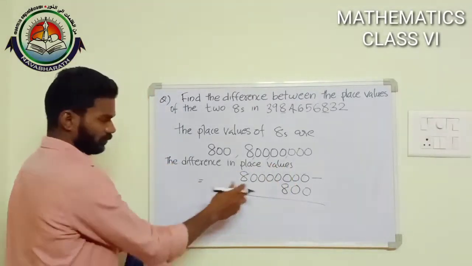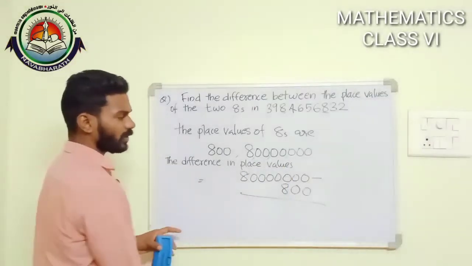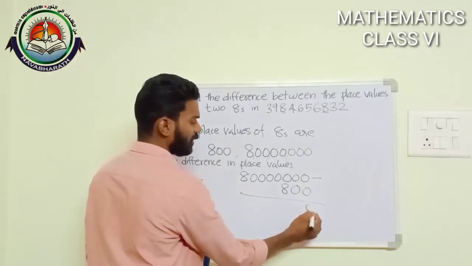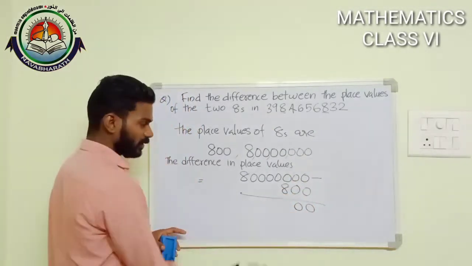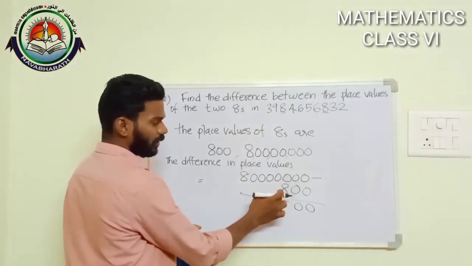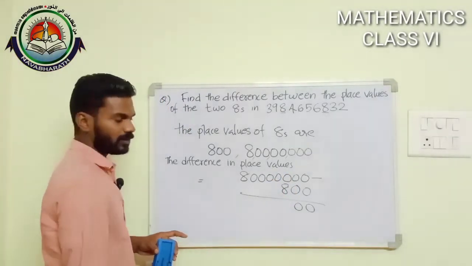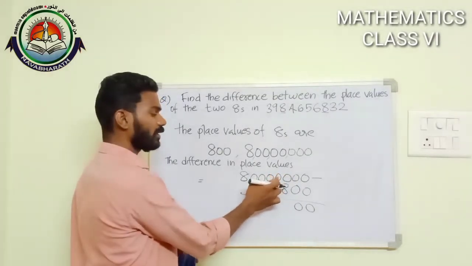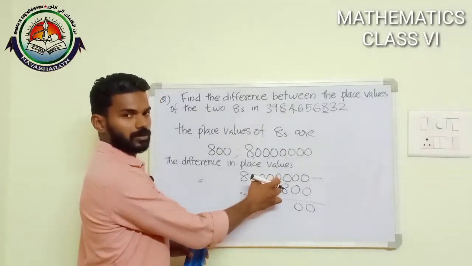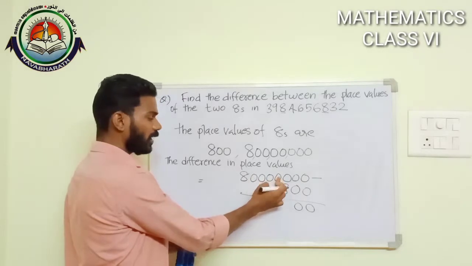How can you subtract? 0 minus 0 would be 0 itself. 0 minus 0 again 0. Then here it is 0 and here it is 8, so we have to borrow from here. And here there are no numbers to borrow, so what shall we do?